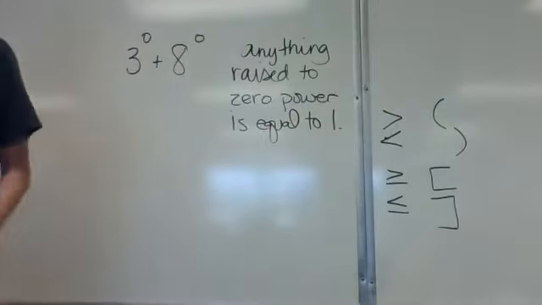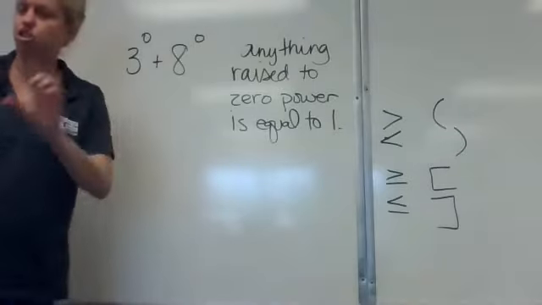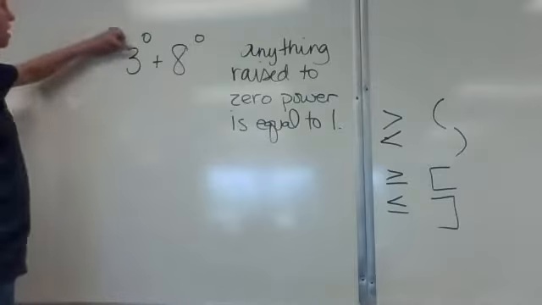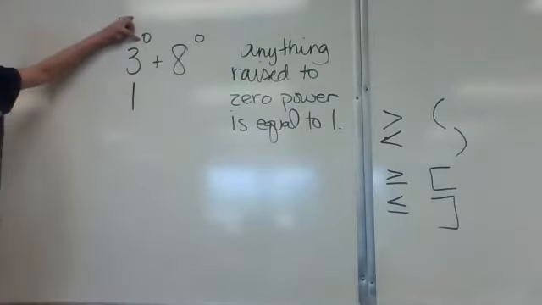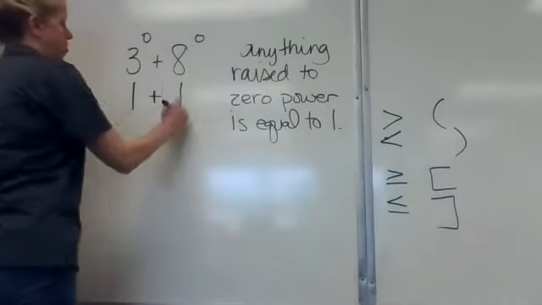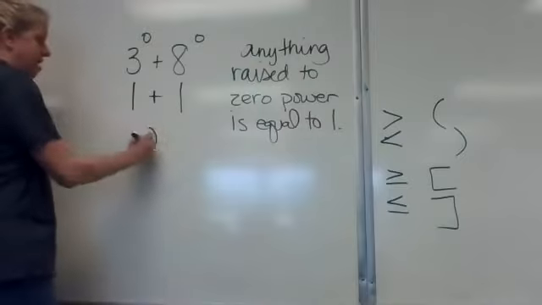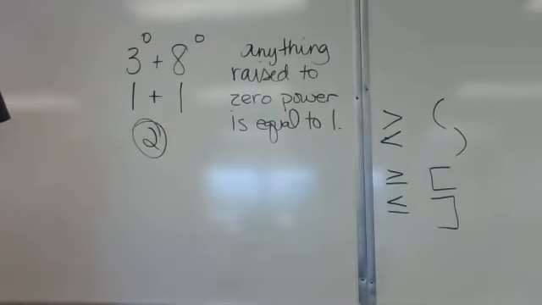When you raise something to the 0 power, it is equal to the number 1, just plain old 1, which means 3 to the 0 is 1, plus 8 to the 0 is 1. So if I add 1 and 1 together, I get 2, which would have been A on the multiple choice.